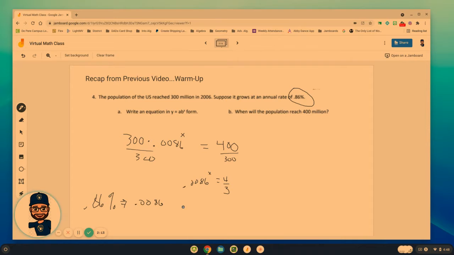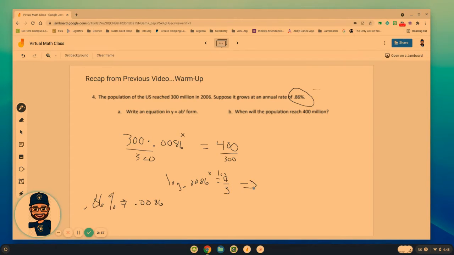Move the x out front from our properties. x times 0.0086. I can't even do that yet. I forgot a step. Let me erase that. We've got to do the log of both sides first. We need the log of both sides first, Mr. G. We got to take the log of both sides first.